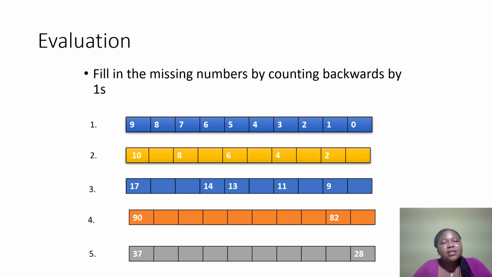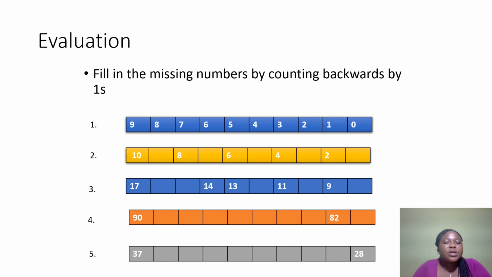Then from 8, a number will come before 6. You bring that missing number. The same thing, 6. After 6, there's a missing number. Then we have 4. After 4, there's a missing number. We have 2. And after 2, there's a missing number.